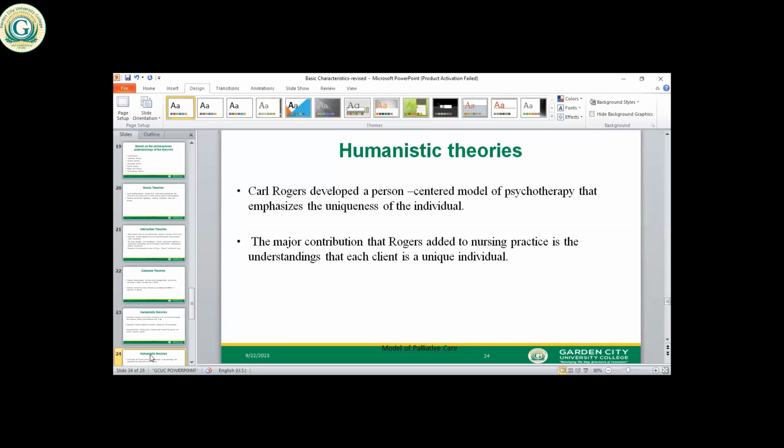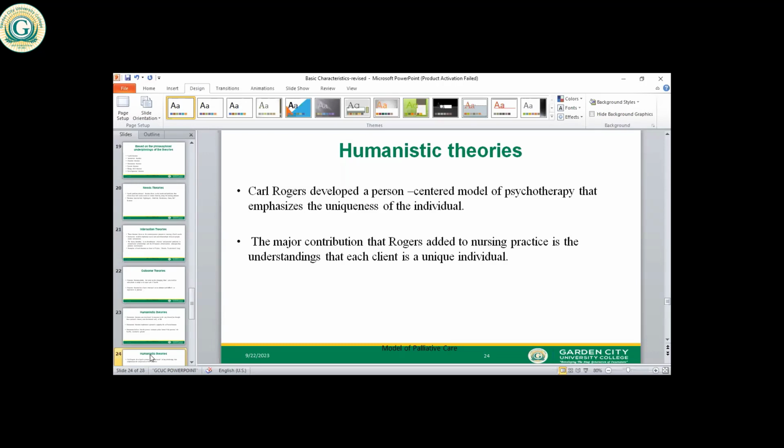You don't say that because this person had malaria and you carried out these interventions to bring about recovery, when the next person has the same condition, you use the same management. No, we have to manage patients based on their uniqueness. So you treat the person as a unique individual. You don't use the same management for patient A as for patient B.